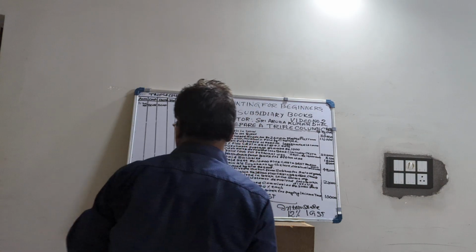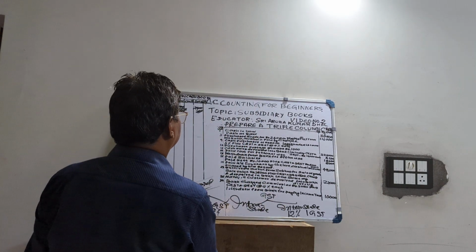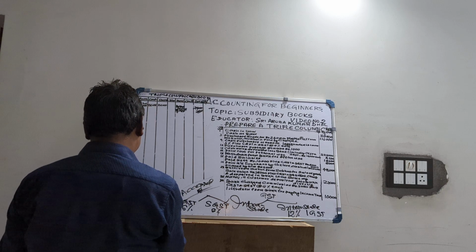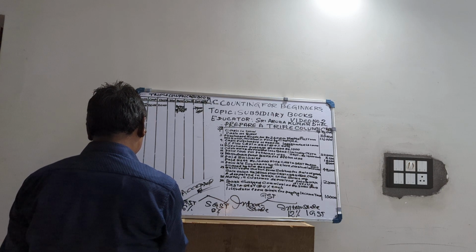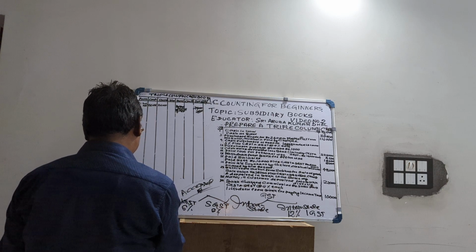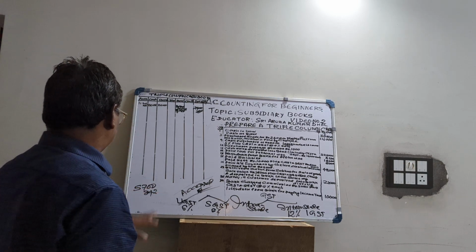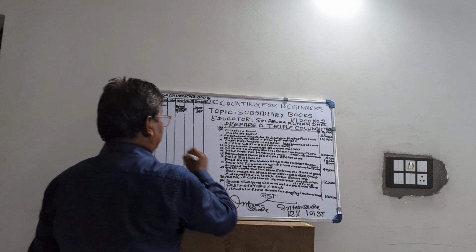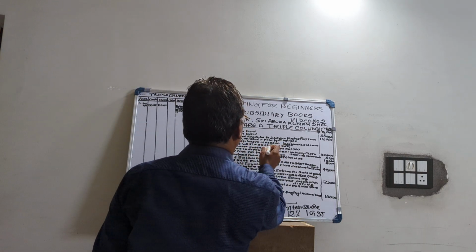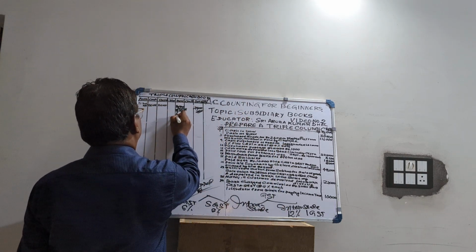Then here 6%. 6% means 342. So here the cash purchase is by purchase.